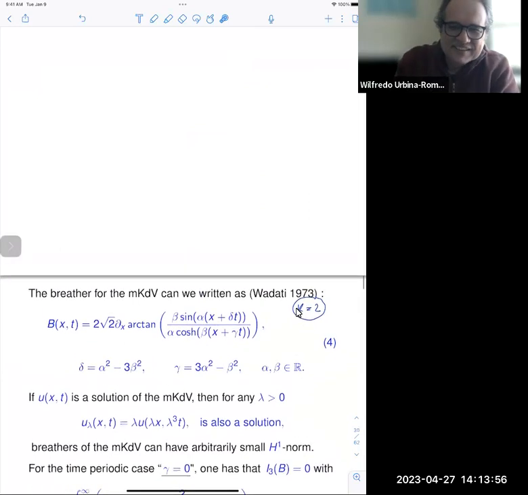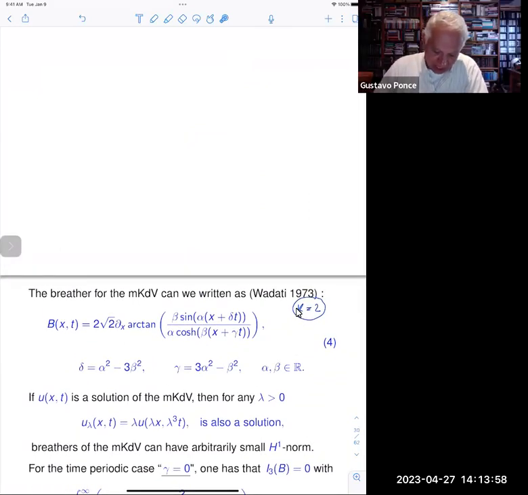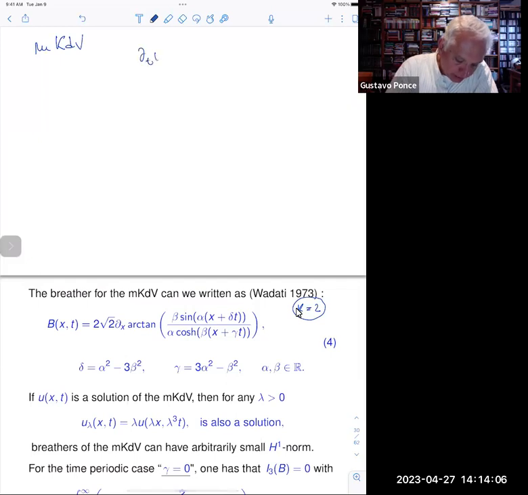Then look what we have. Remember that for the modified KdV, this is the equation.